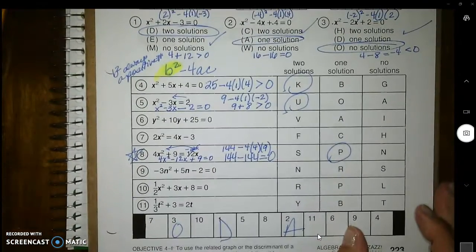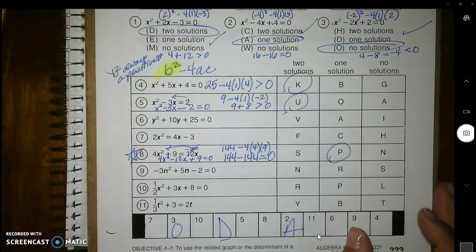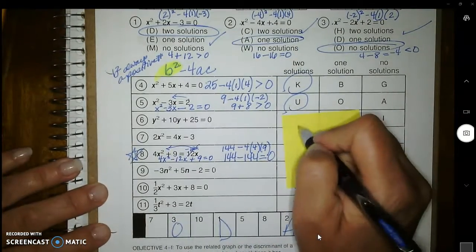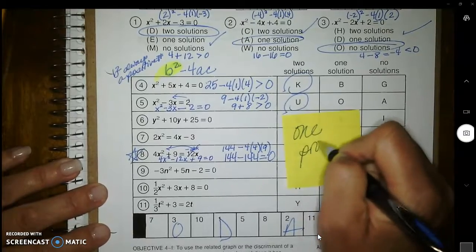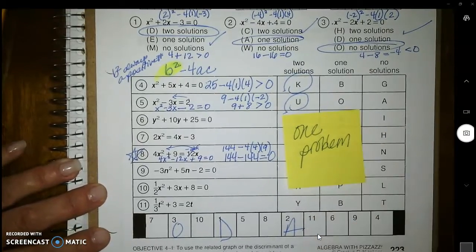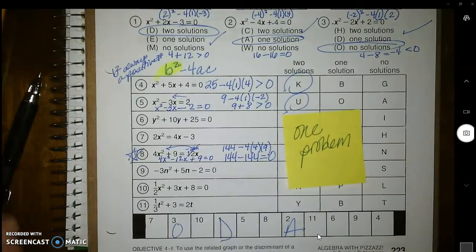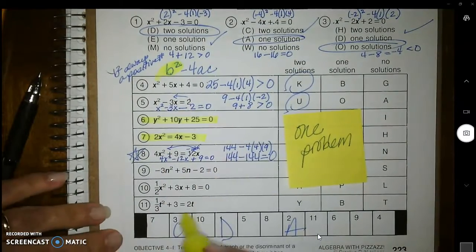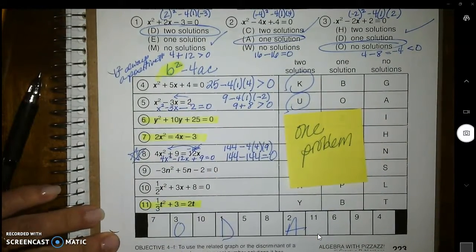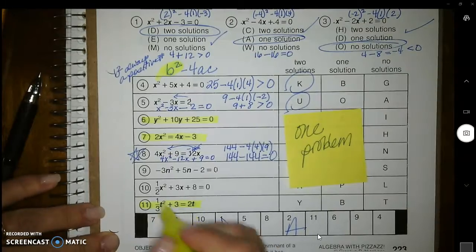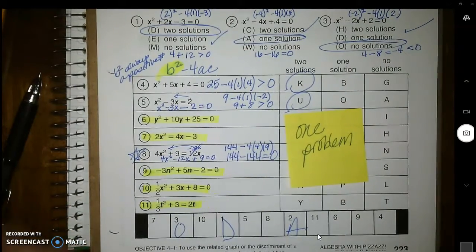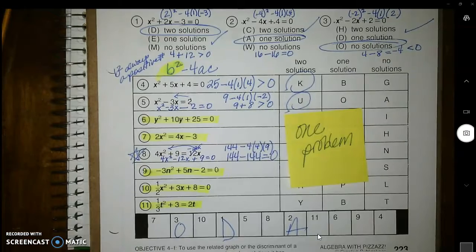Your assignment, your job is you are going to pick one problem from the 5 that are left. You will get an extra credit point if you choose to do number 11 or number 12, but you're going to pick one of these 5 problems and you are going to explain it to me.